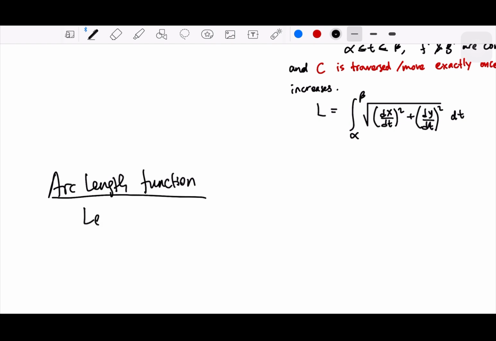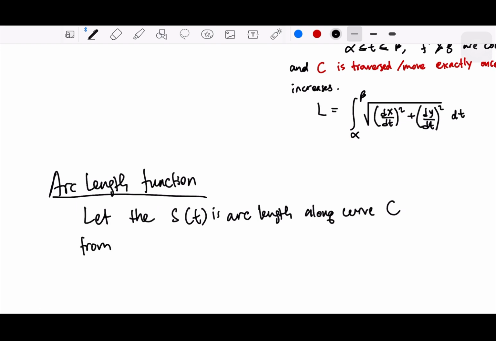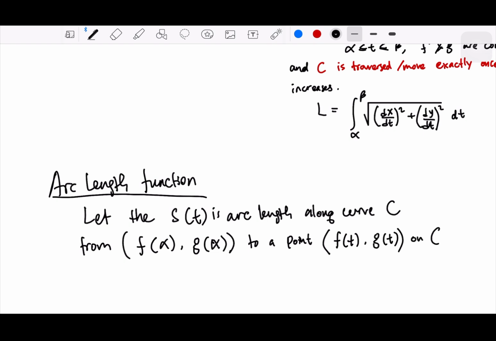Okay, I think I can write the formulation first. That s(t) is the arc length along curve C from the initial point to a point, let's say this is f(t), g(t), on the same curve C. So remember, arc length functions in calculus 1, we are just taking from a constant to x, right?